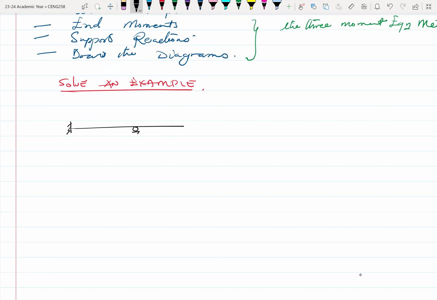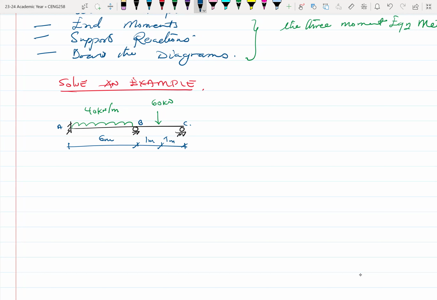Something like this. Then there's a UDL on top, and a point load here of 60 kilonewtons. And here it's 40 kilonewtons per meter, with supports A, B, and C. The dimensions: this is 6 meters, and then here we have 1 meter each.